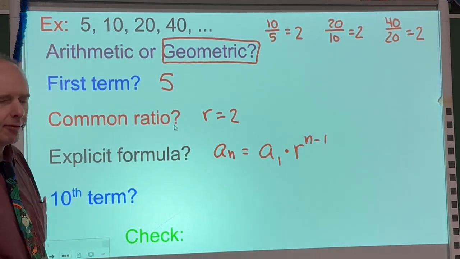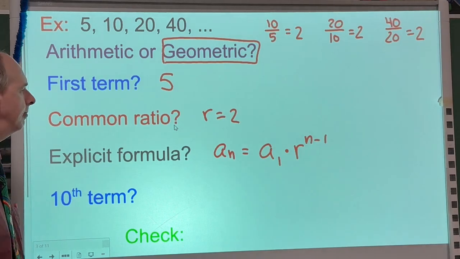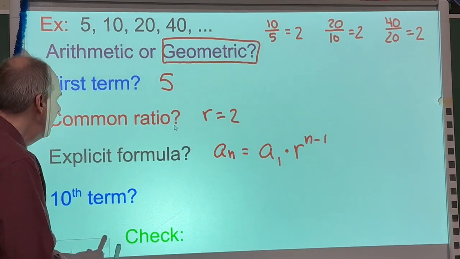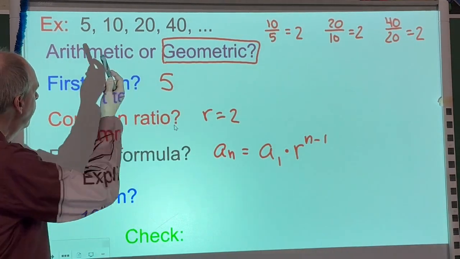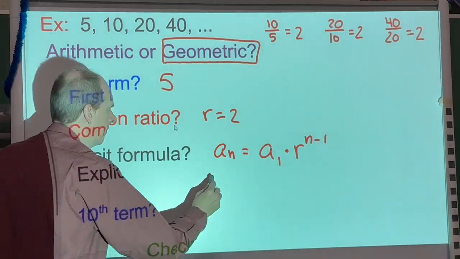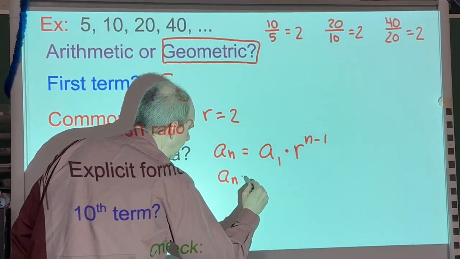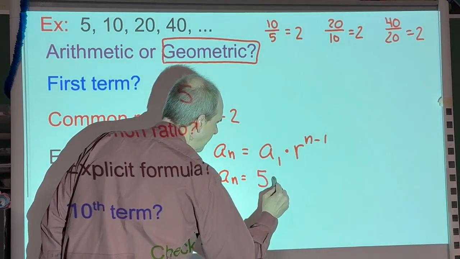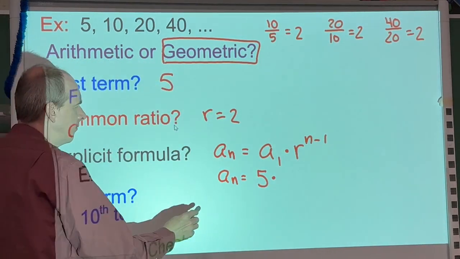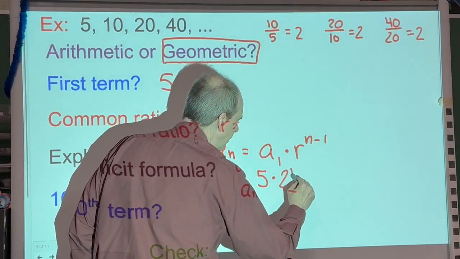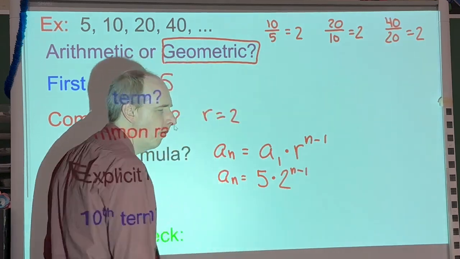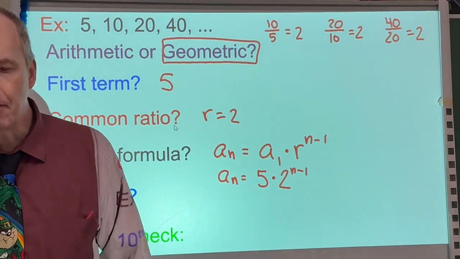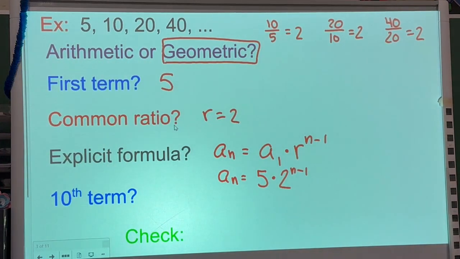So that's your general formula for a geometric sequence. Let's fill in what we know, and we'll find the formula for this sequence. A sub n would equal our first term, 5, times our common ratio of 2 to the n minus 1. N represents the term number, so that we can find any term, like the 10th term.